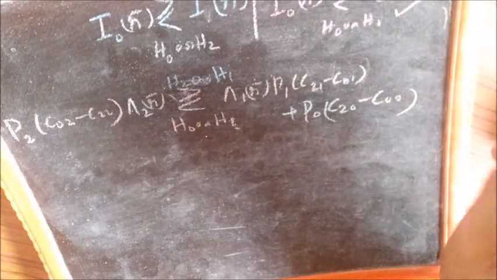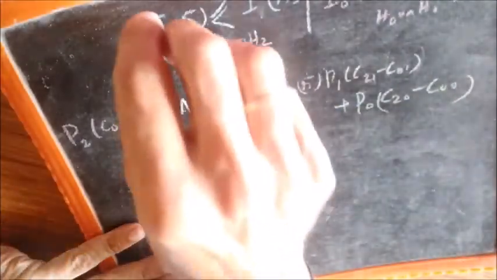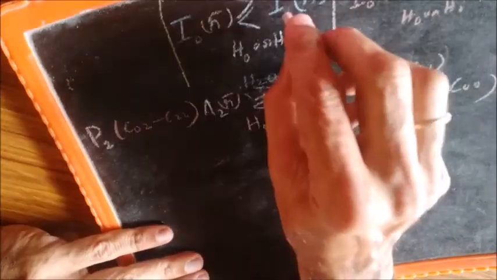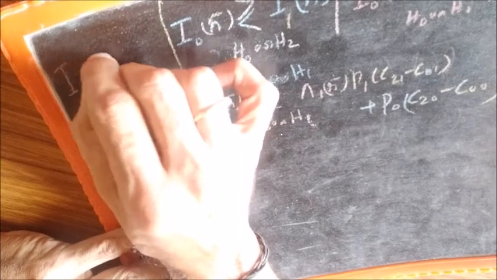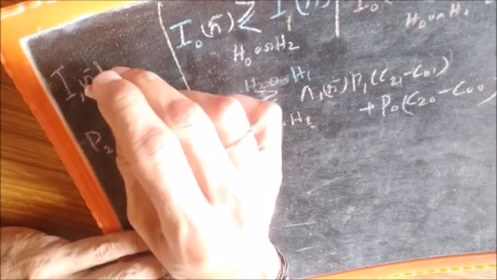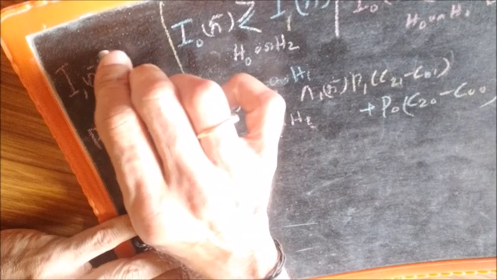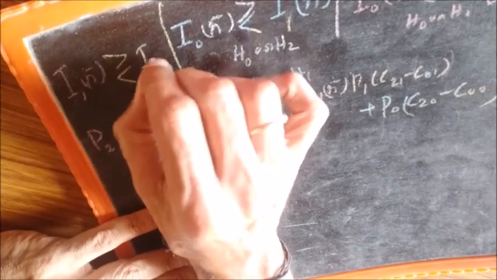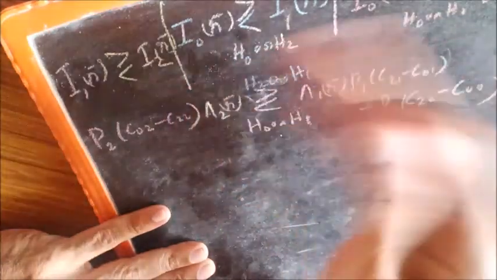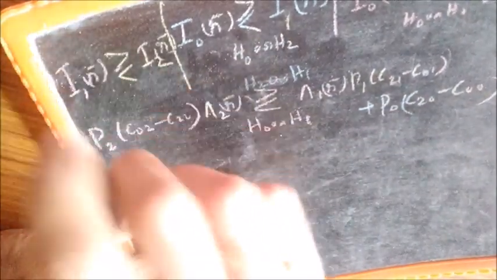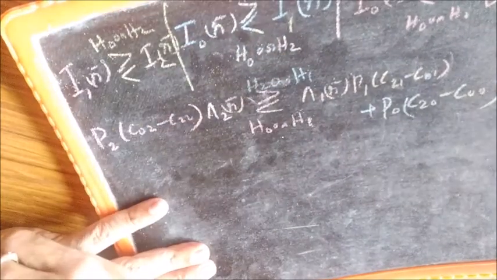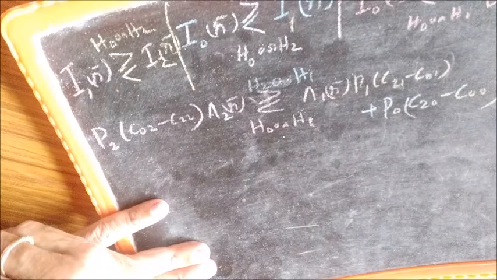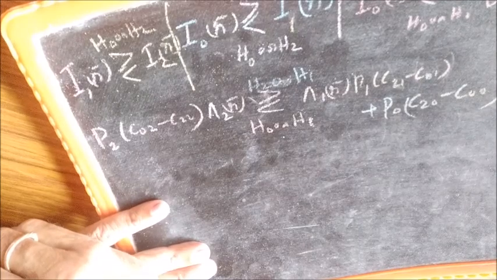And finally, there is one more, a similar test, because we have not compared I1 and I2. So when you compare I1, which I didn't write at that time, with I2, using similar arguments, you can say that if I1 happens to be more than I2, it is either H0 or H2.